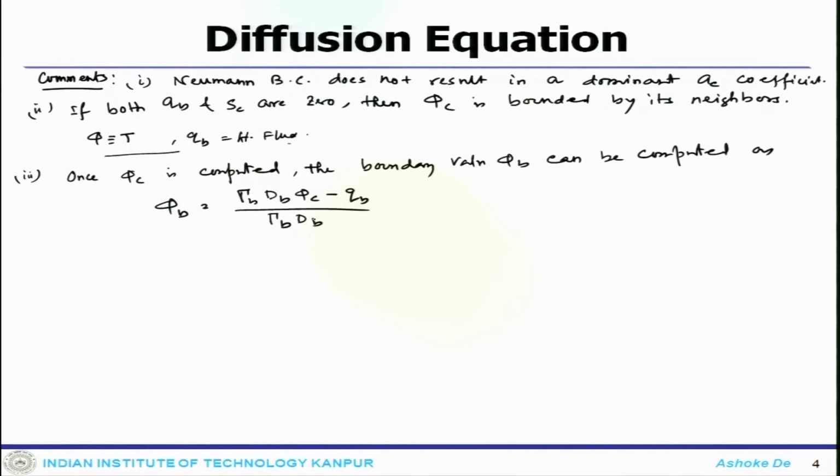So, from the phi c, once that elemental variable is calculated, you can calculate back the specified value.